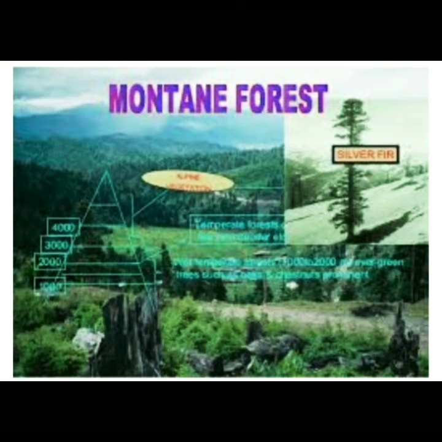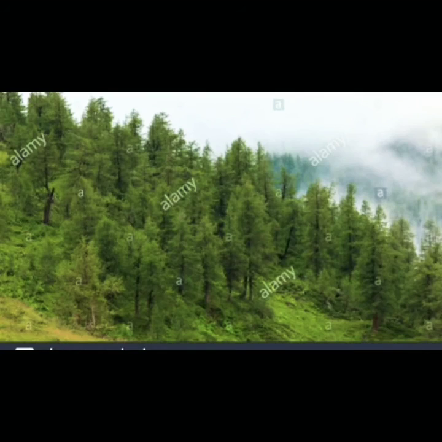Then we have Tundra, which is above the alpine, where the only vegetation is in the form of mosses and lichens. Common animals here are the Kashmiri stag, spotted deer and Tibetan antelope, and in a few places we see the snow leopard and red panda, which are not seen throughout the mountain forest. The red panda and snow leopard are seen in few pockets, and these are endangered animals.